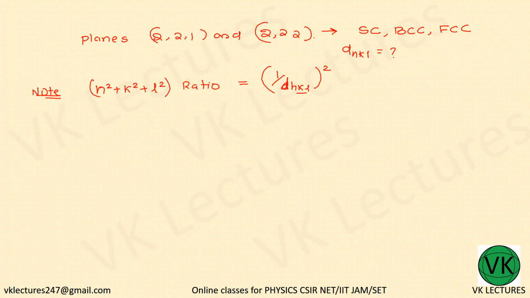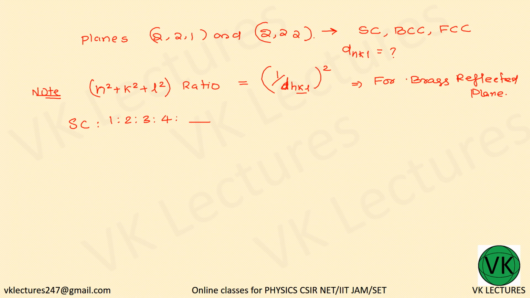For simple cubic, the ratio of h square plus k square plus l square for Bragg reflected planes is 1:2:3:4, because all planes are Bragg reflected for simple cubic.